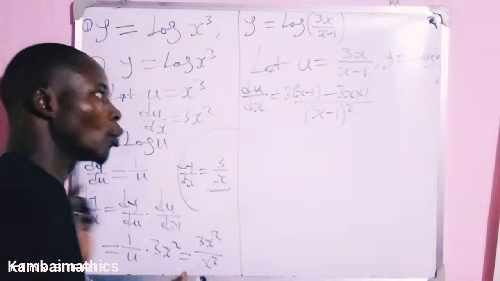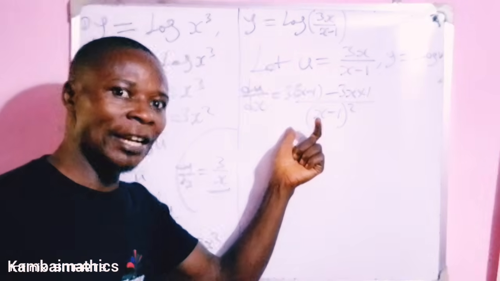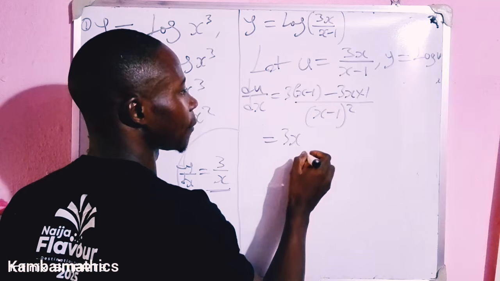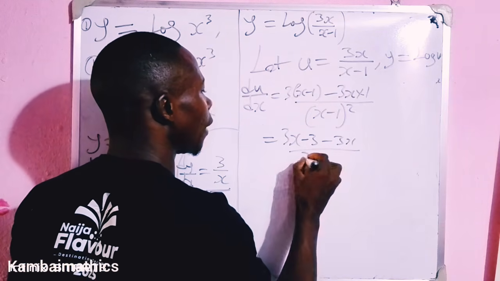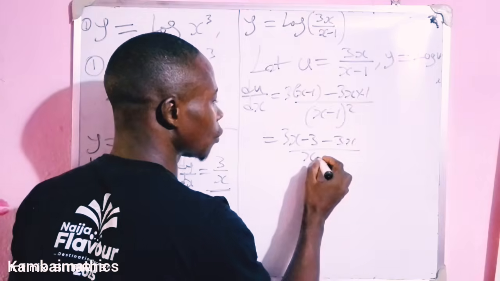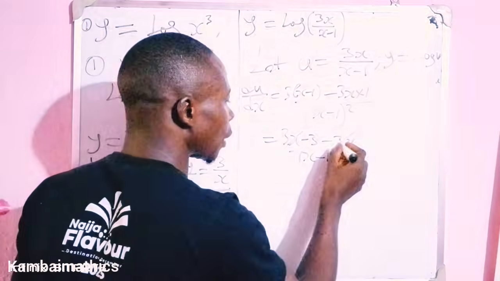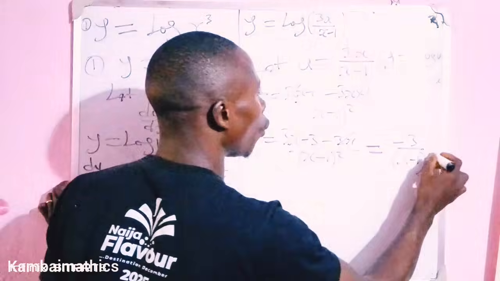Refer to my examples on quotient rule. I use the direct method. So this will give us 3x minus 3 minus 3x all over x minus 1 raised to the power of 2, so that this will kick out this one. We are left with minus 3 all over x minus 1 all square.